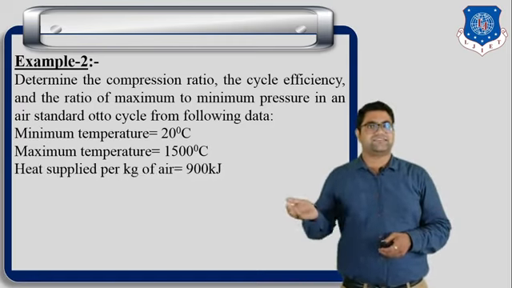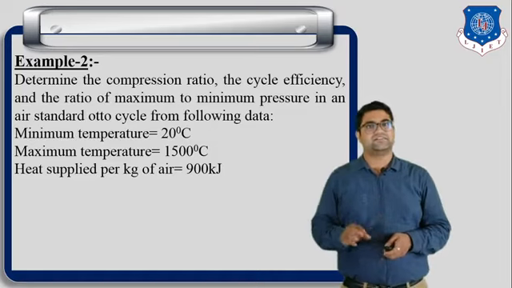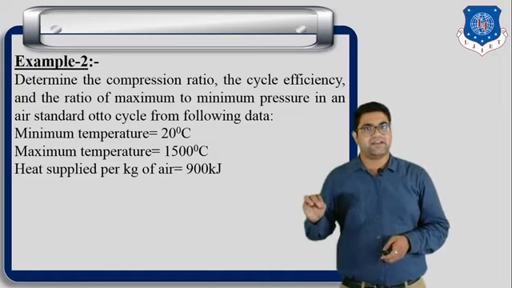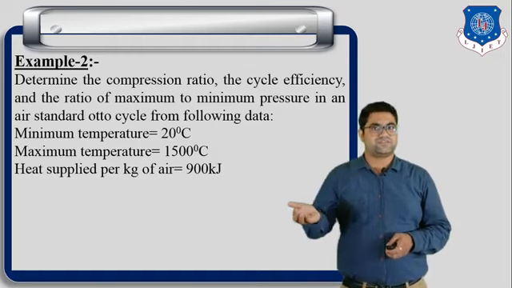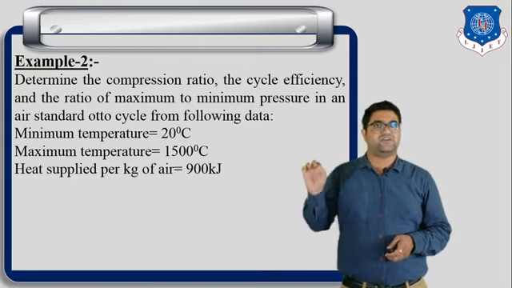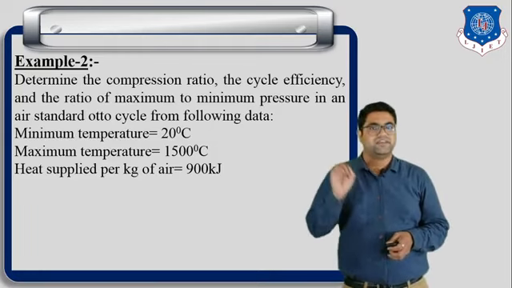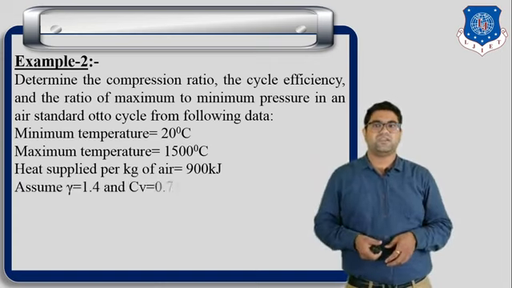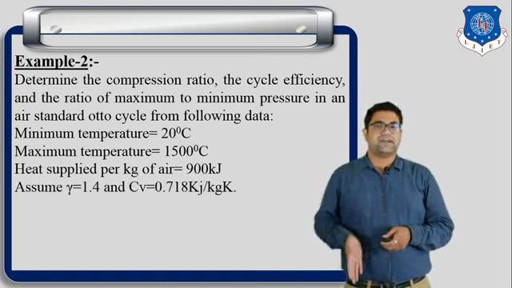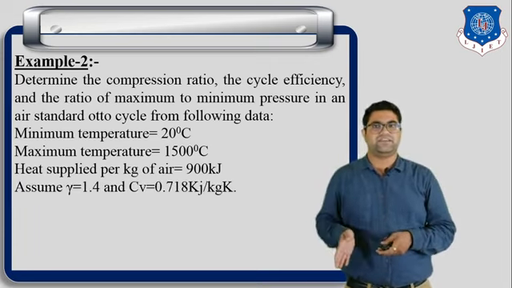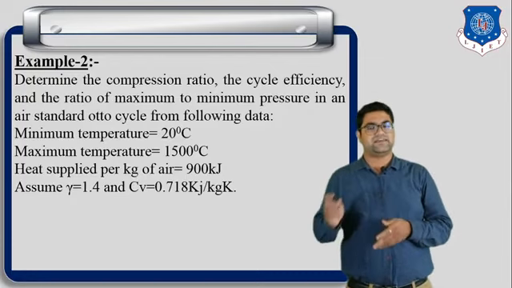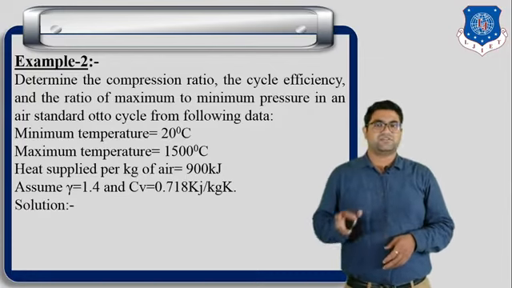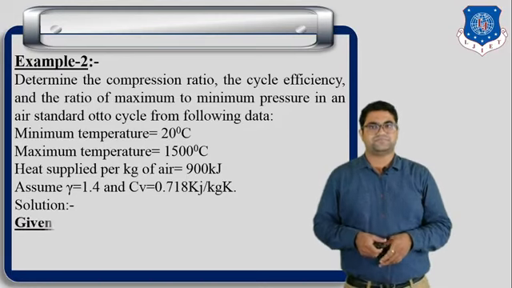In the previous example we already discussed the heat supplied. Heat supply occurs in the 2 to 3 process. So here they have given the value of heat supplied as 900 kilojoule. Next, assume gamma is equal to 1.4 and CV equal to 0.718. This data they have given. So let us start the calculation.